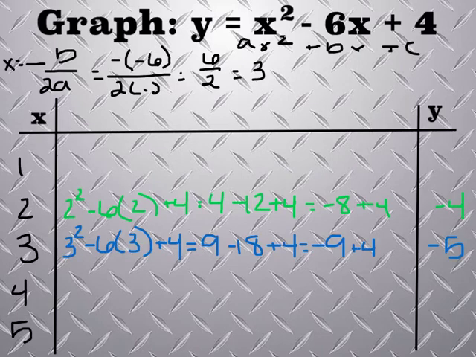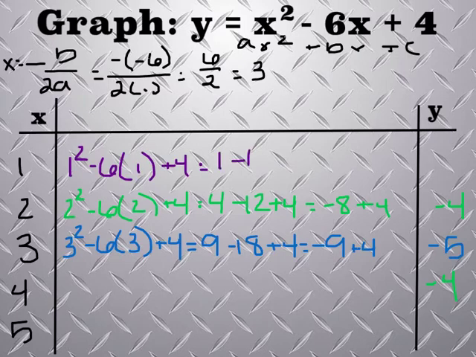Now, because this is my axis of symmetry, 3, -5 is my vertex, I know there will be that symmetry, and that's a fold, so 4 will also be -4. And then finally, 1 squared minus 6 times 1 plus 4.